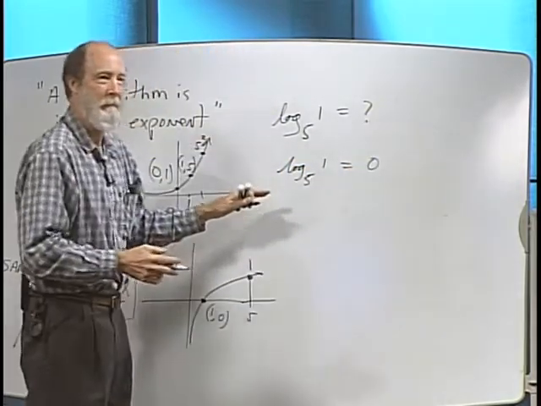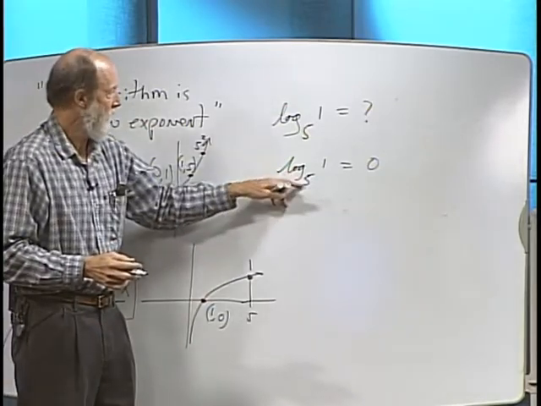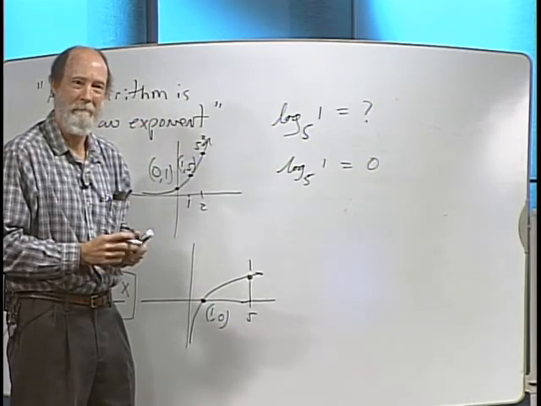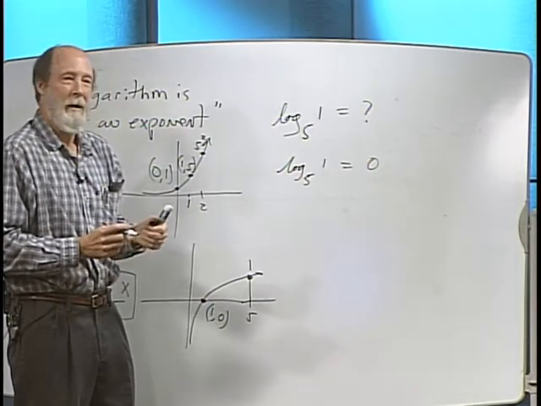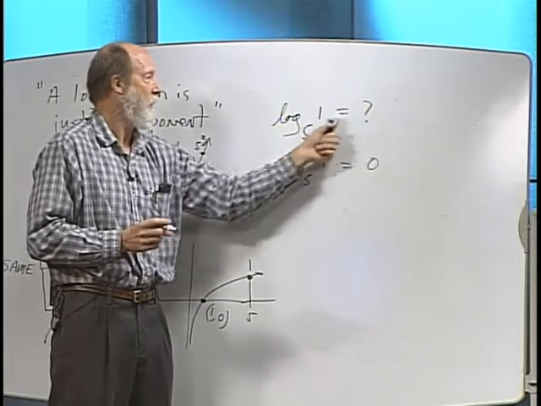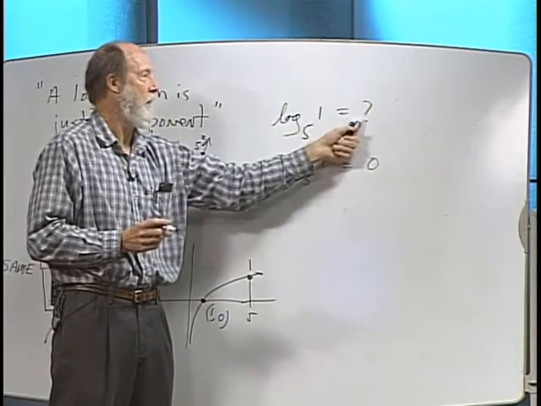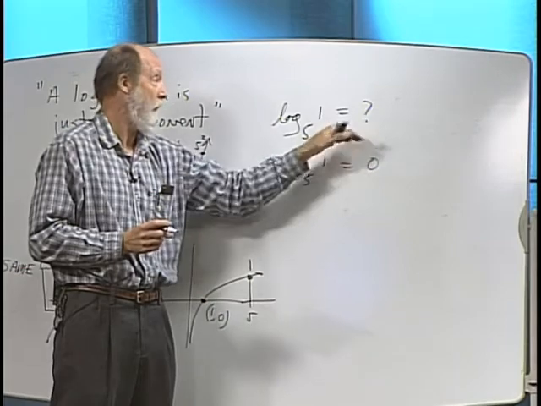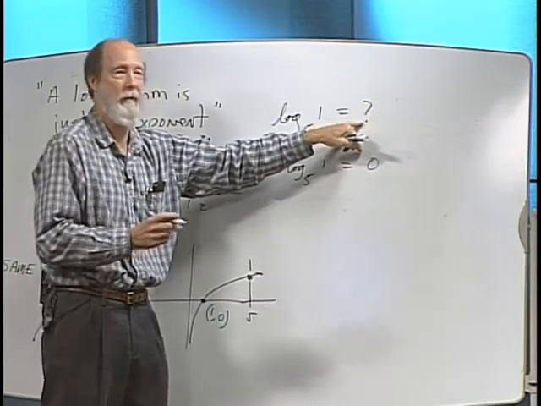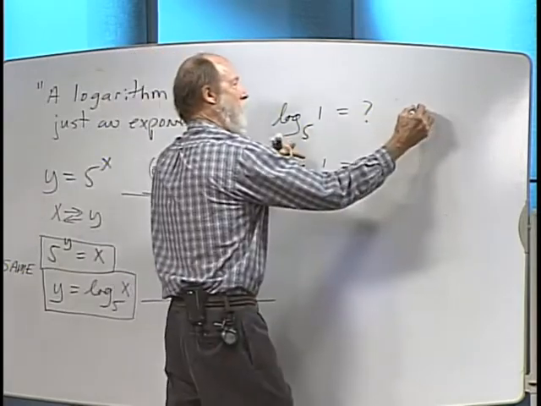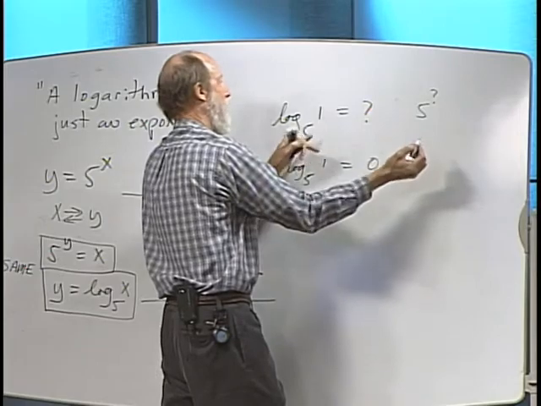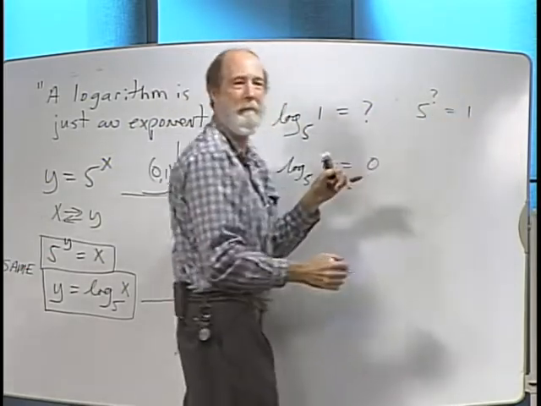What's the exponent of 5 that gives you 1? 5 to the 0 gives you 1. What would be another way of writing this first equation right here, and I'll keep the symbol for question mark in here? What would be another way of writing this? 5 to the unknown power, the question mark, equals 1.